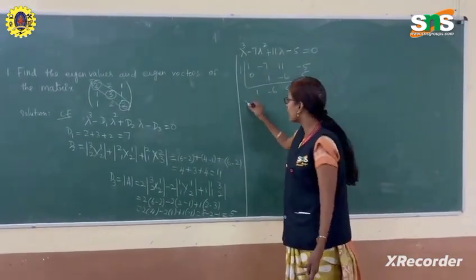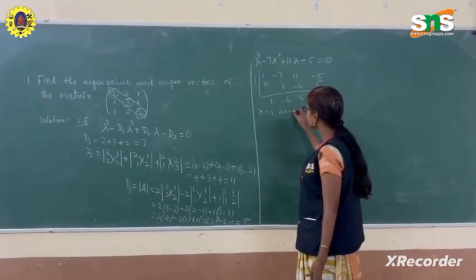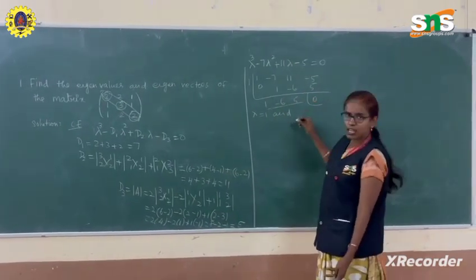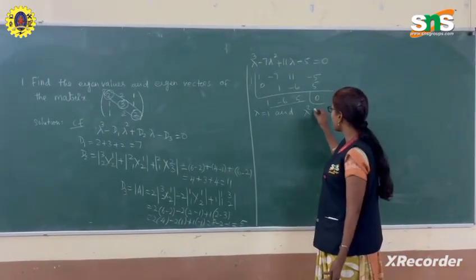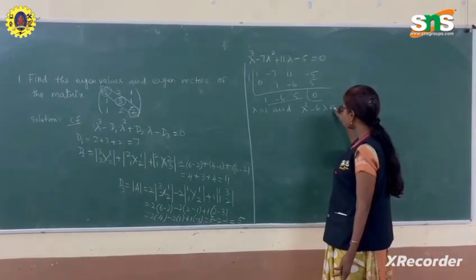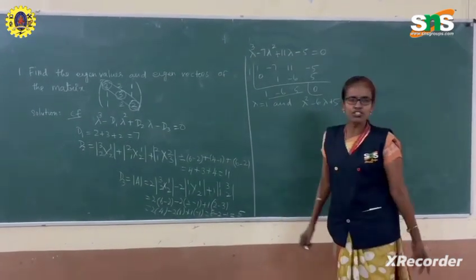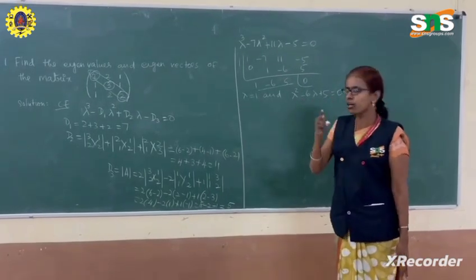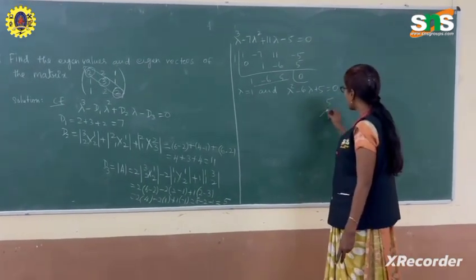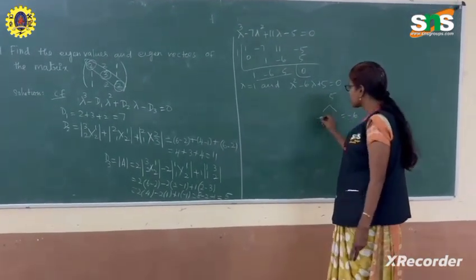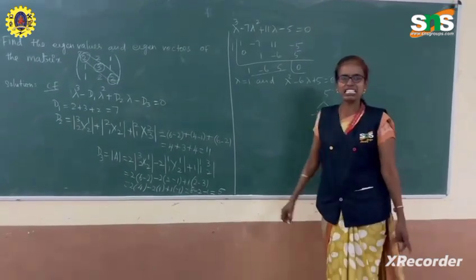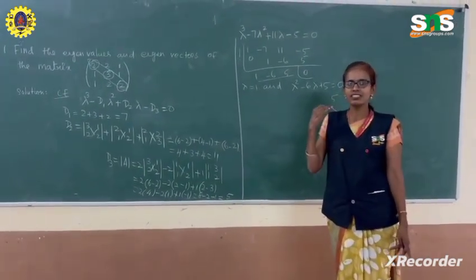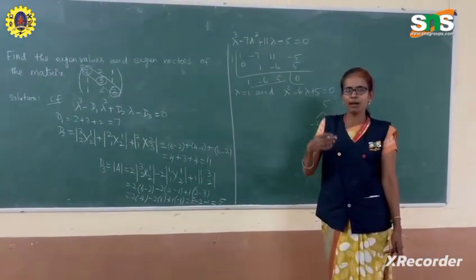So lambda equal to 1, and you can write the rest as an equation, which is lambda square minus 6 lambda plus 5 equal to 0. Now the multiplication is 5, the addition is minus 6. We need to find two numbers. The two numbers are minus 1 and minus 5.